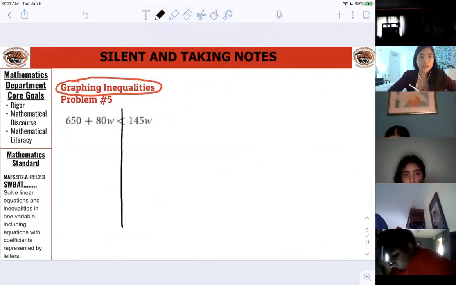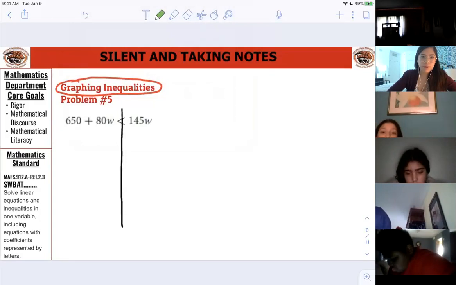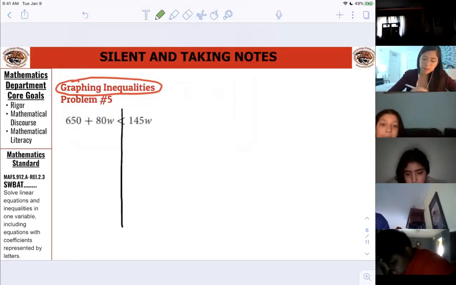All right. So we're going to solve for W. What's the one issue I have to solve here? There are variables on both sides. So which one should I move? 145W. Exactly. This is very important, you guys.